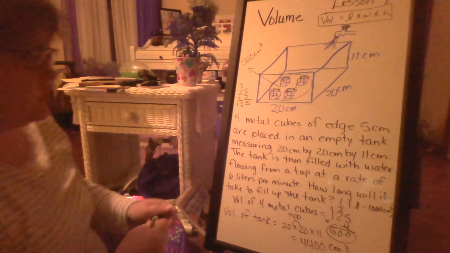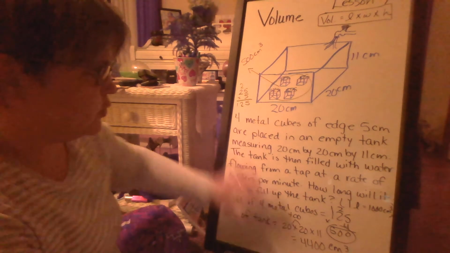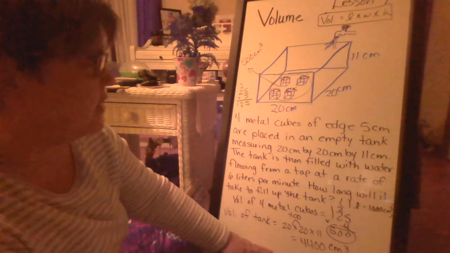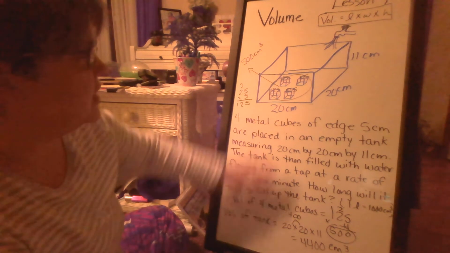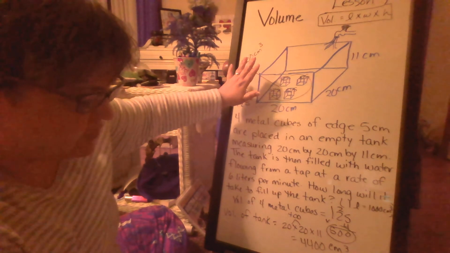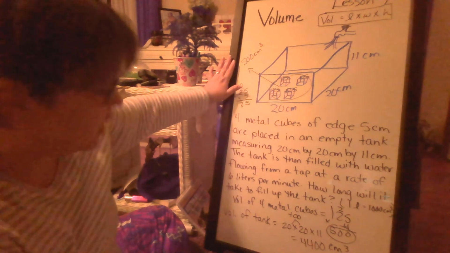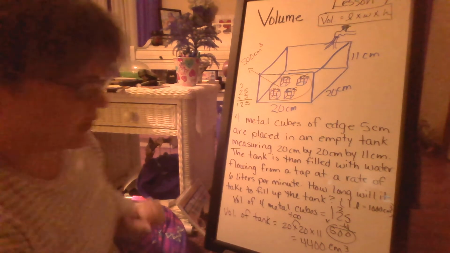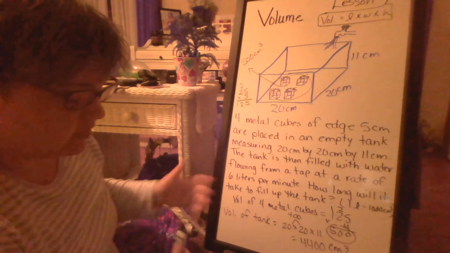Okay. So without the cubes, we would be dealing with 4,400 cubic centimeters, and we'd be dividing that. But because we have the cubes, we've got to take those into account. So we basically have to subtract the 500 volume of cube away from our tank volume.